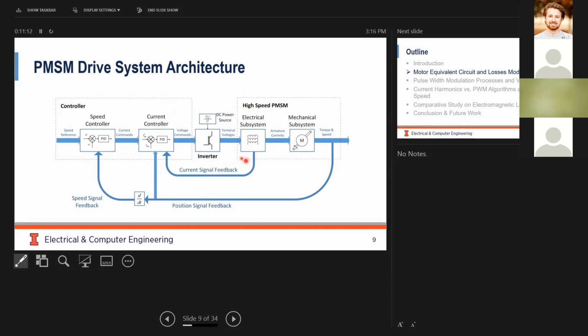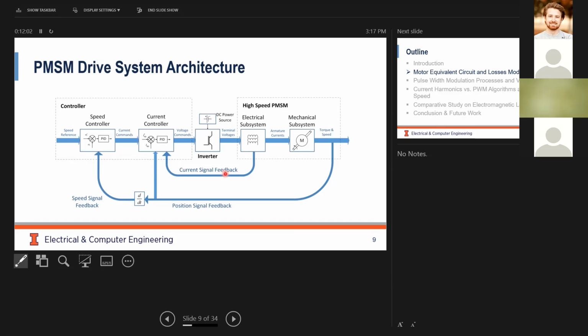The electrical subsystem is composed of inductance and resistance components. The inverter is powered by a DC power source and controlled by a microcontroller, which sends switching signals to the inverter, employing pulse width modulation algorithms to modulate the DC voltage into three sinusoidal waveforms, so that we can power all three phases.